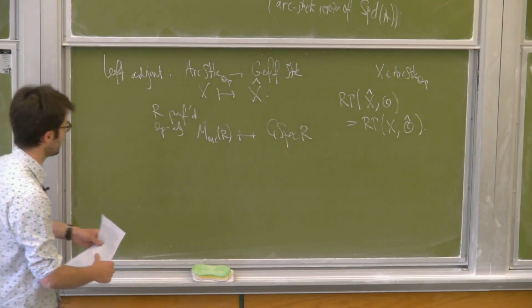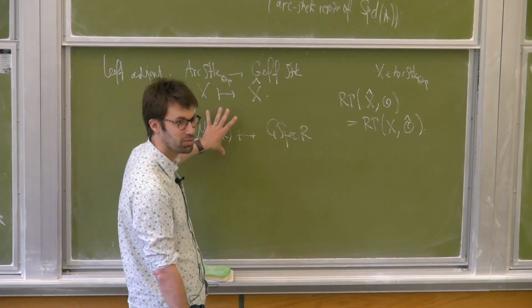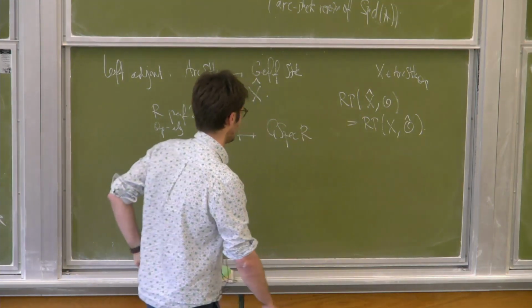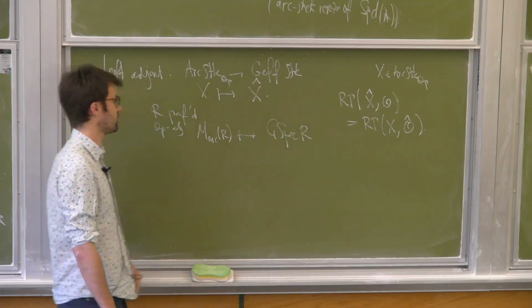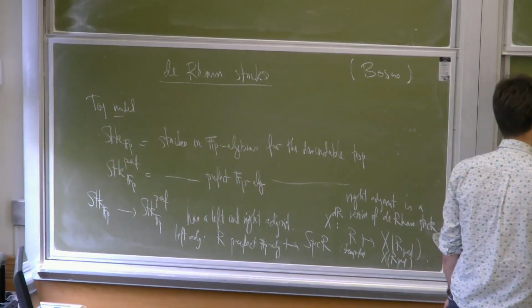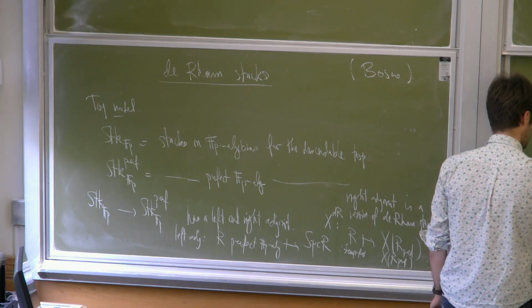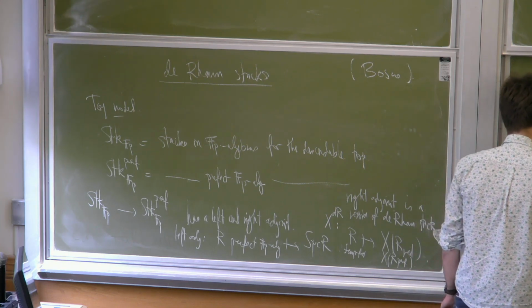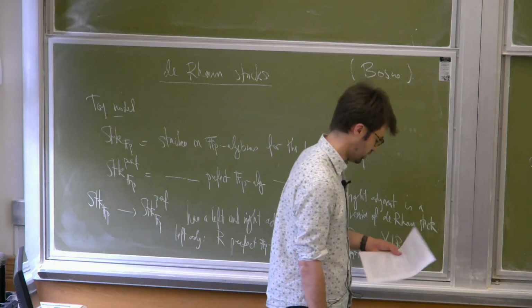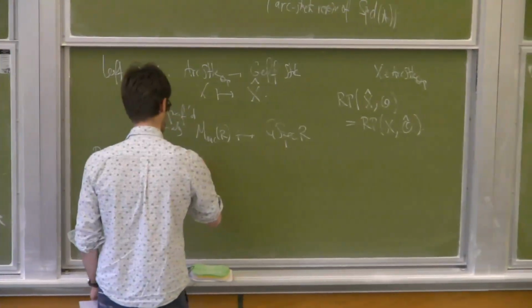So in general, you write your arc stack as a colimit of affinoid perfectoids, and then for them, you just map this to Spec R. That's a useful construction, which we will also use later. But for today, I maybe mostly care about the right adjoint. And that's now my definition of what the de Rham stack functor is.